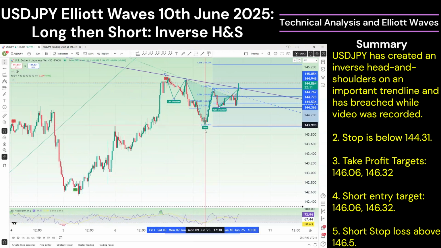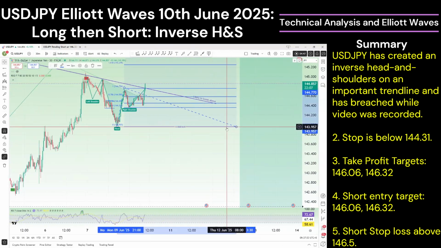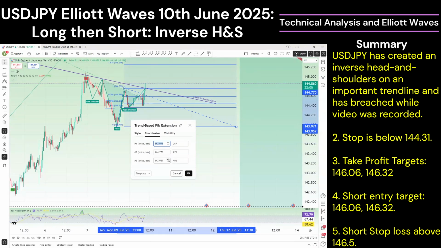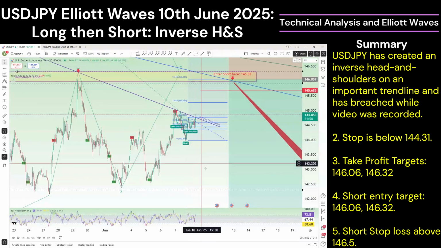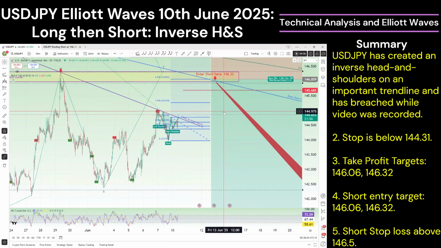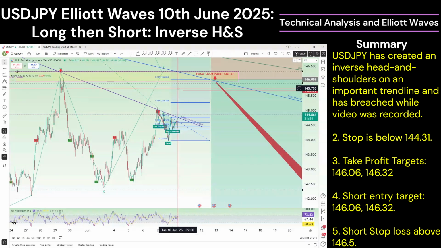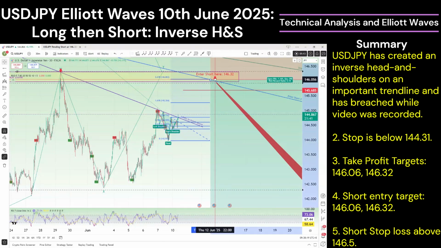So let me just shift this for precision. And this will be 971. So it has broken above. Over here you see that if wave one equals the entire 2.618, then we will have this target here, which will coincide with a short here.